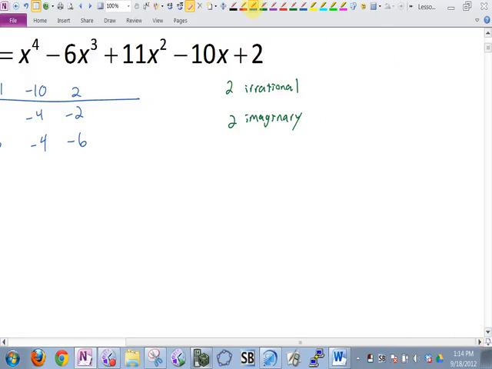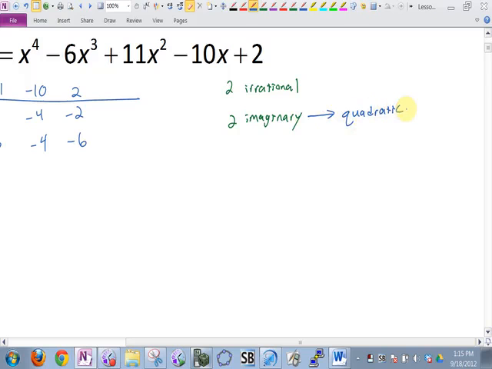Well, because all of the coefficients were real, I know that the two imaginaries must be what? Conjugates of each other. And because of that, they both come from a single what type of factor? Quadratic.